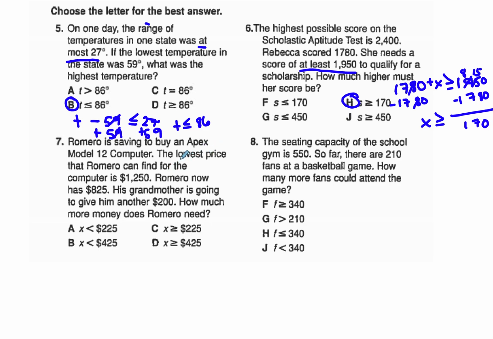Okay, lowest price is going to be $1,250. That means the amount of money that he needs to be greater than or equal to $1,250. That's because he has to have enough money to buy it. So he either has to have that much or he can have more than that.